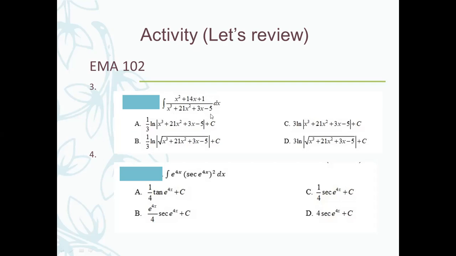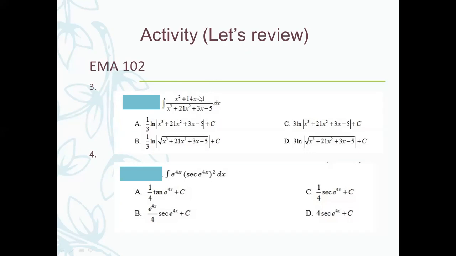Whenever you're given a rational expression or a fraction, you have to check the degree of the polynomial in the numerator, the same thing with that on the denominator. So if the degrees are the same or if the degree of the numerator is greater than that of the denominator, you will divide.